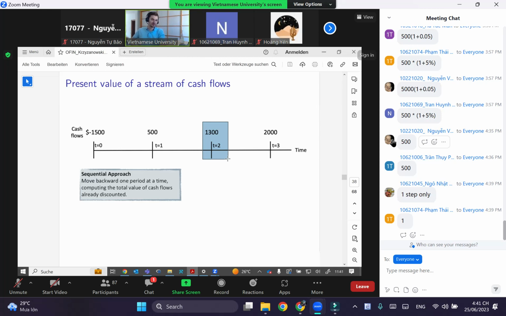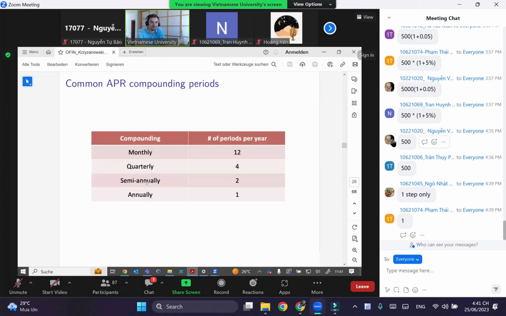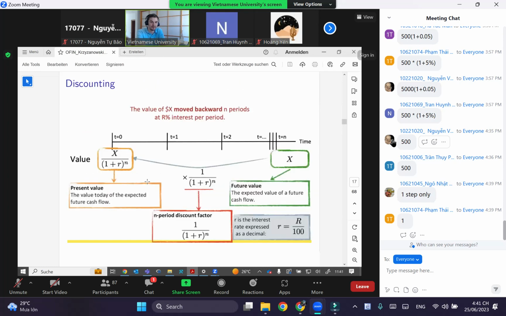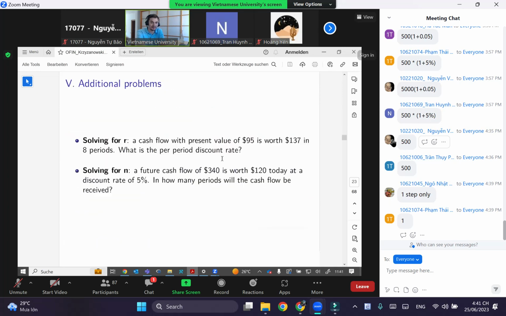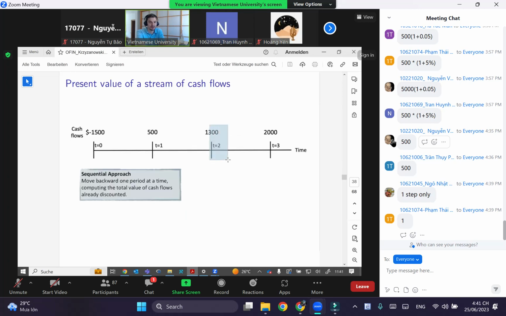So what would be the present value of the 1,300 paid in period T2? Well, it would be the respective amount divided by 1 plus 0.12 to the power of 2. That would be the present value of the 1,300.